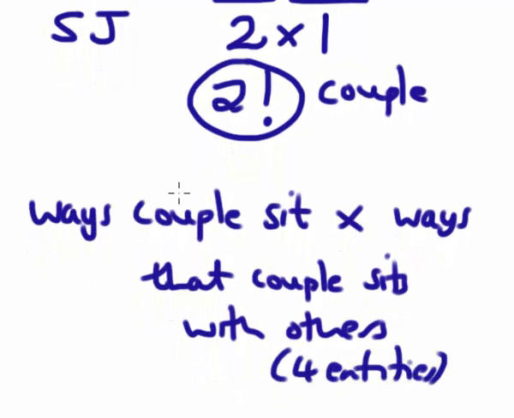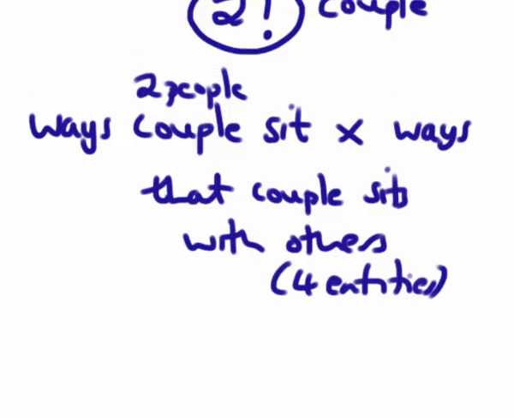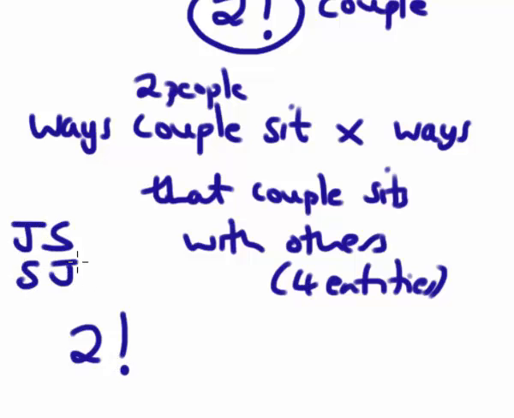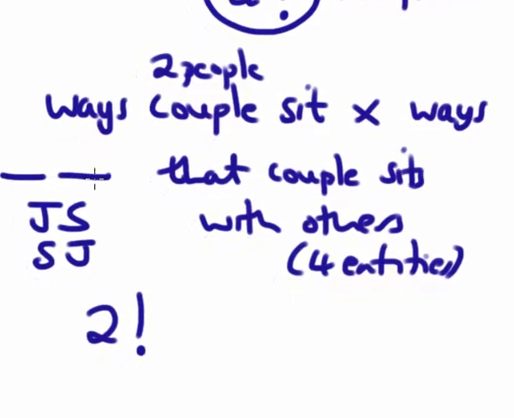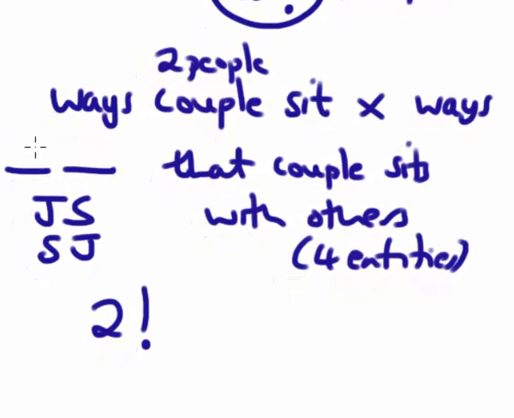The way that the couple sit, there's really just two people there. So if the way the couple sits relative to each other is 2 factorial, that would be James, Sarah, Sarah, James. So if you have two positions, who could go in here? James or Sarah. So that's one of the two. Then once one of them sits, it would be 1. So it's 2 factorial when you multiply.